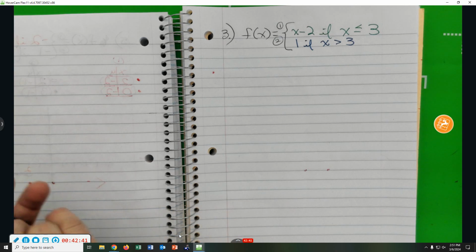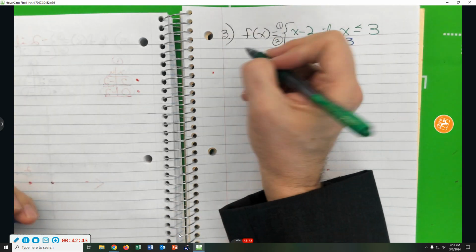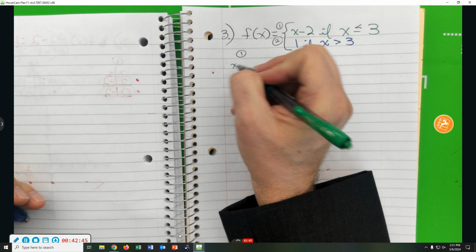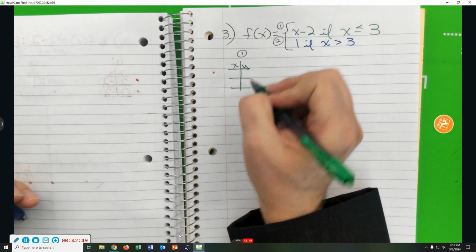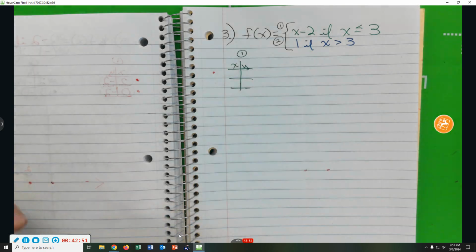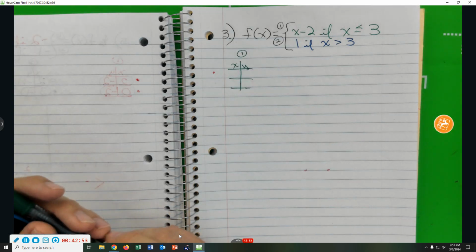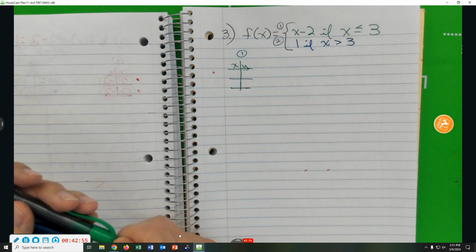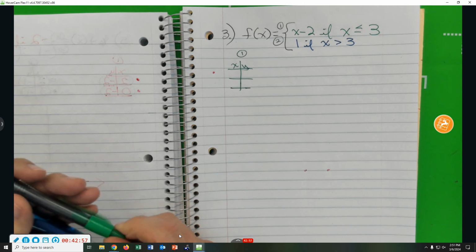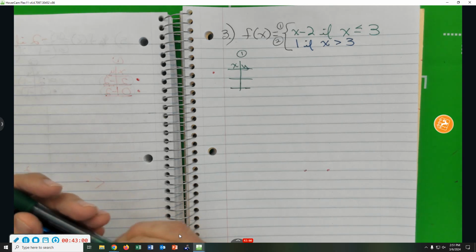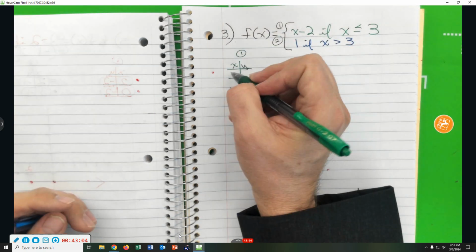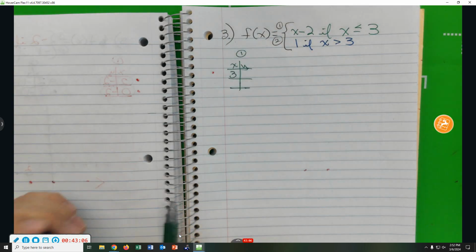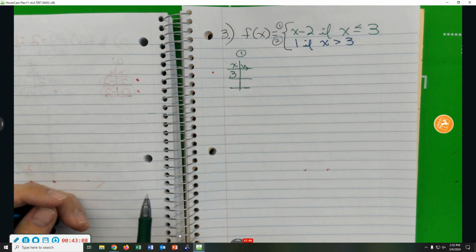Starting off at piece 1, which is green. I'm using green ink on piece 1. I don't have a choice. What's the first number I must plug in for x? I have to plug in 3. That appears in the inequality. That's my cut point where the graph is going to change from the green piece to the blue piece.